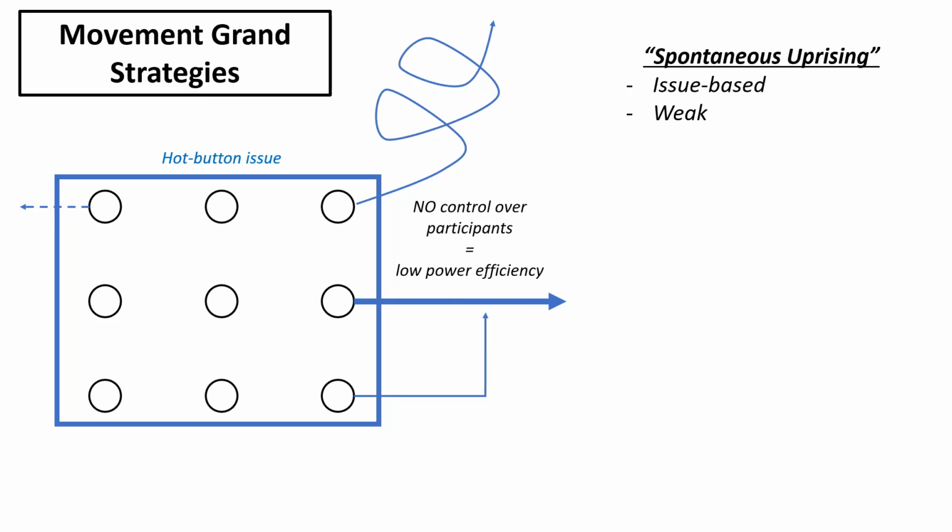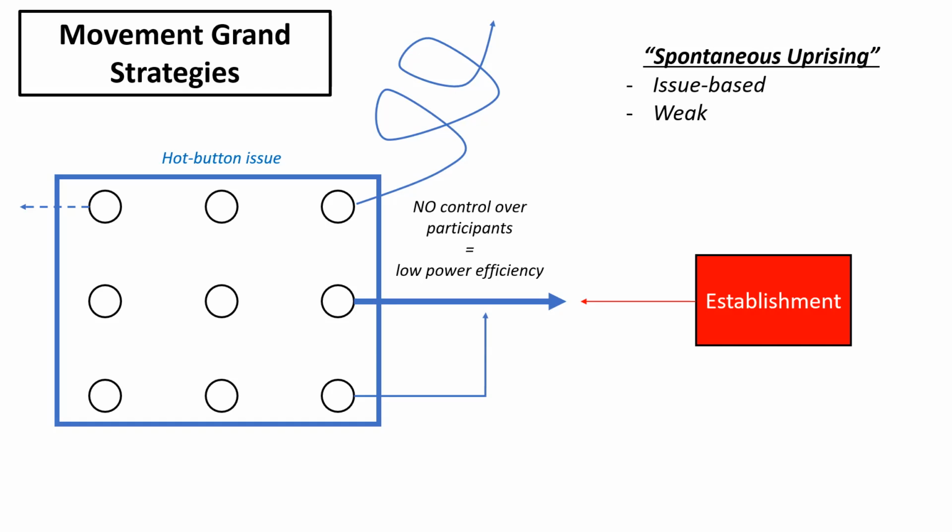The whole movement is supported by pure amateurish enthusiasm, and one can't expect enthusiastic amateurs to have the discipline or coordination required for effective work. So while spontaneous uprisings are extremely easy to set up, they tend to be very ineffective at producing power, and only win if they can attract a massive number of participants or are facing a very weak establishment.